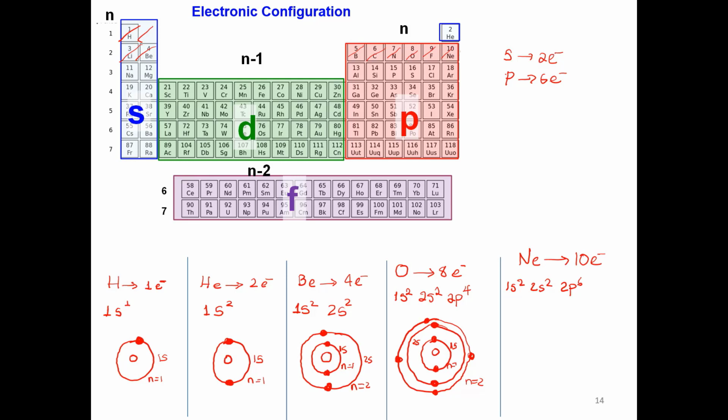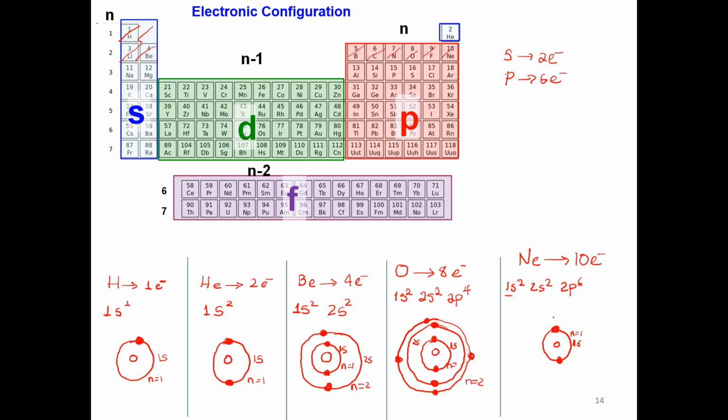Now let's represent this one in a diagram. Then here is the nucleus. This corresponds to the orbital 1s2, which is this one, and this corresponds to n equals 1.